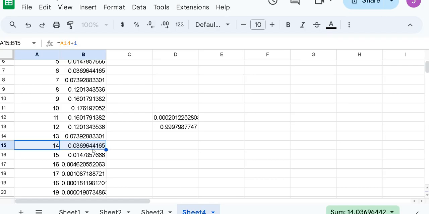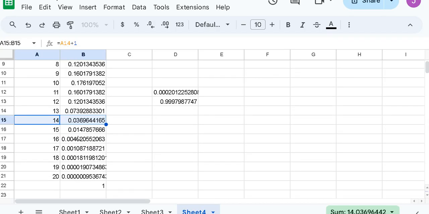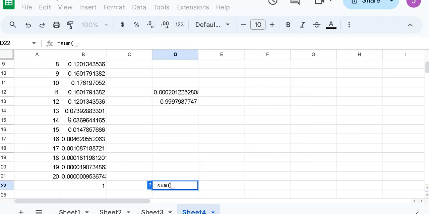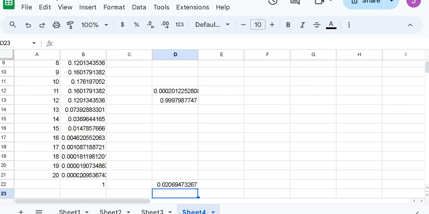The thing you have to pay attention to is, does that include the 14 or not? No. So if you want more than 14 heads, you've got to add up these probabilities. So let me just go over here, equals sum of these probabilities starting at 15. So about a 2% chance, 0.0207.